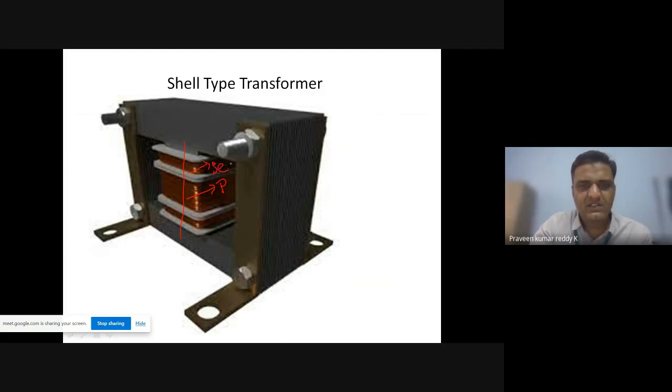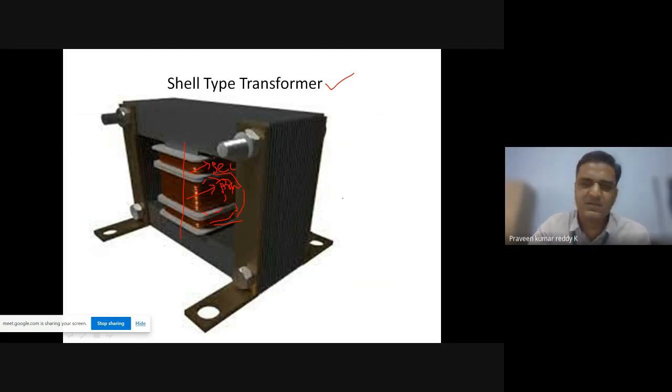The advantage here is that even if flux gets generated here, on both secondary and primary, that flux will not be wasted into the air. It will be linked with the metal body. Even if it comes to here, it is not wasted. This metal body receives that and makes the flux pass through it. So leakage flux will be minimized in the shell type transformer. That is the reason we go for this kind of structure.